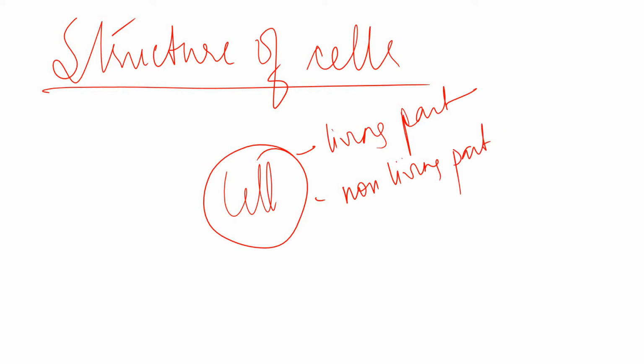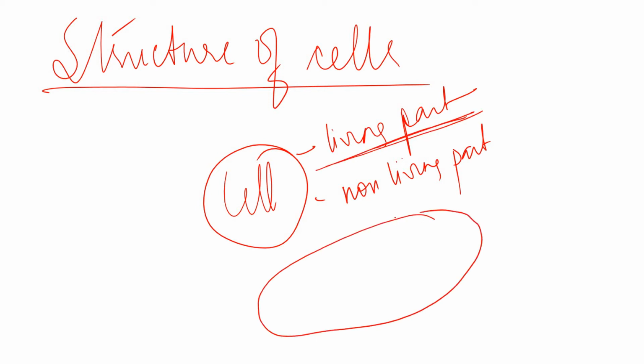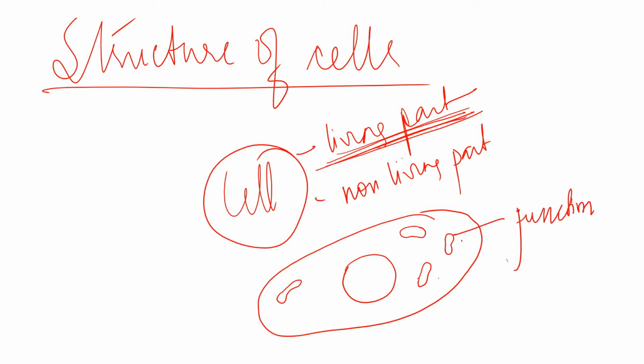The living parts present in a cell have a definite shape, structure and function and are commonly called organelles. Suppose this is a cell, and this is the nucleus; we'll be studying all these in detail. They will have a particular shape, structure, and each of them will have separate functions also.